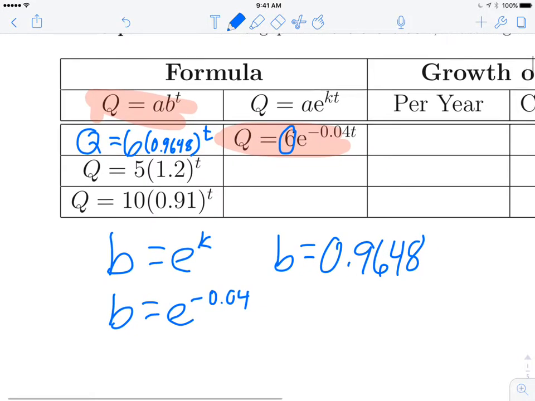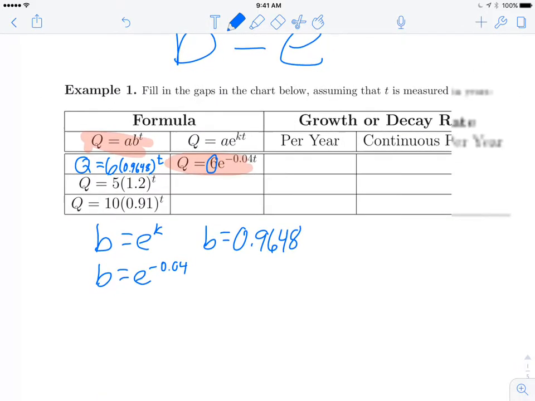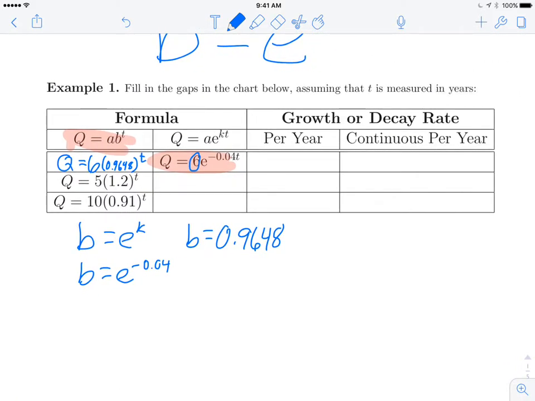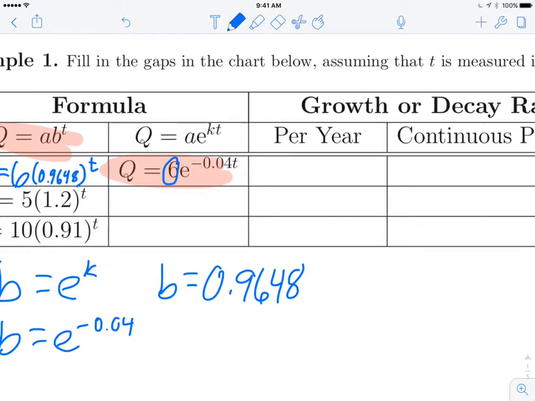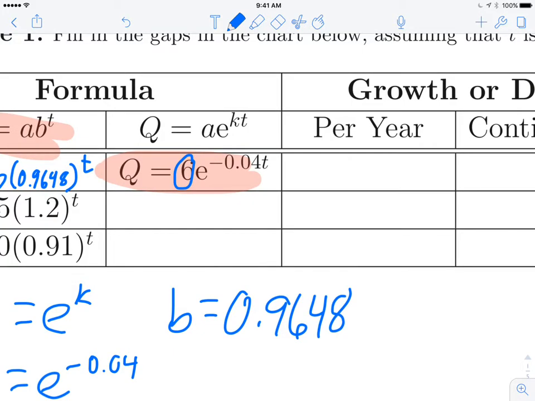All right, so now let's talk about the growth or decay rate. Per year, I'm going to base that on the standard formula here. Per year, my growth rate, or actually in this case it's a decay rate, would be 3.92%.